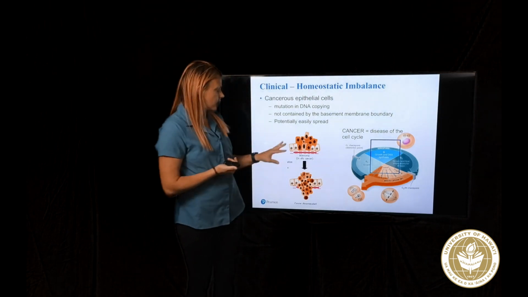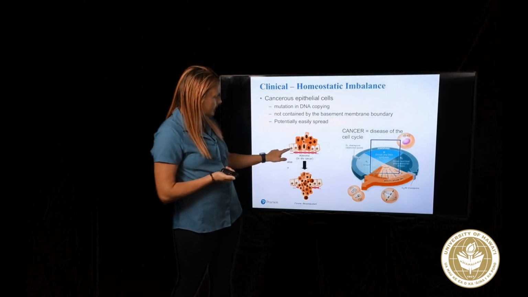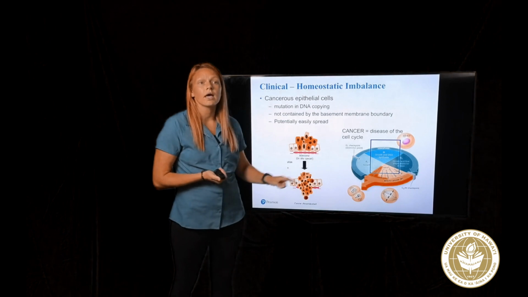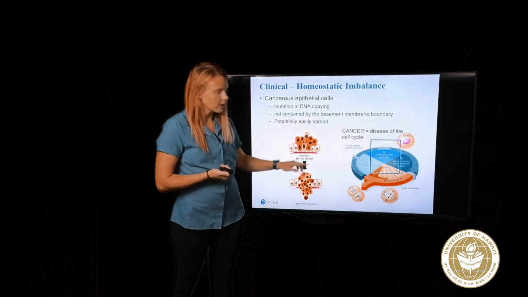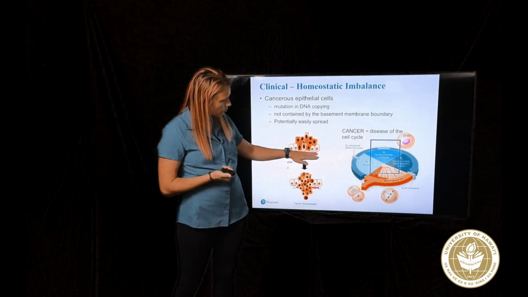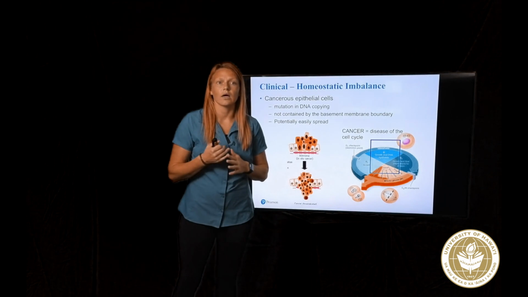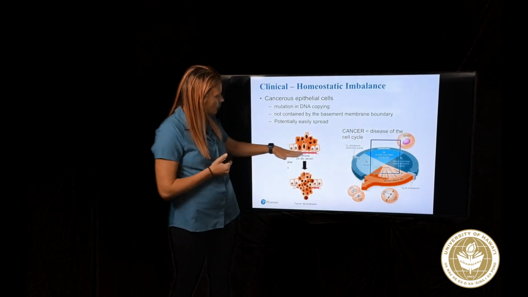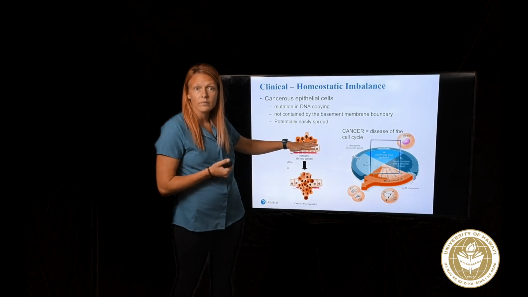As you can see on this top figure here, the normal cells are this light yellow color, and the cancerous cells are this orange color. And if you notice in red here, that's your basement membrane, right?